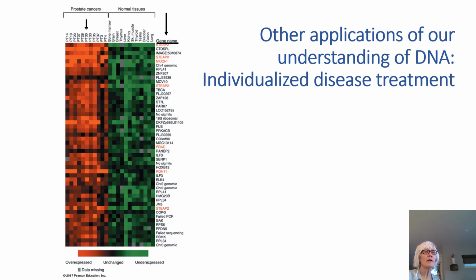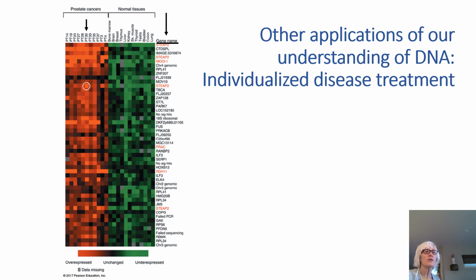If we look at just one of those patients' prostate cancers and we compare the expression patterns of all of those different genes to the other prostate cancers, we can see some differences. I'm just going to highlight one.